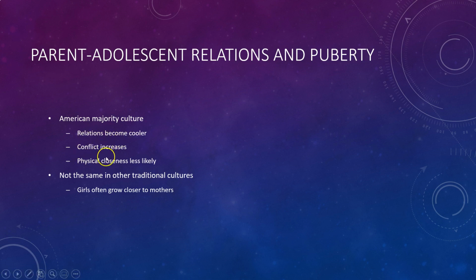You might see conflict increasing between parents and adolescents during this time, and physical closeness becomes less likely. And that's not the same in other cultures. In fact, in other cultures, girls often grow closer to mothers during this time of puberty. And of course, as we go through the class and talk about culture, when we say American majority culture, this is an average, right? And doesn't mean that it holds for everybody in every family.